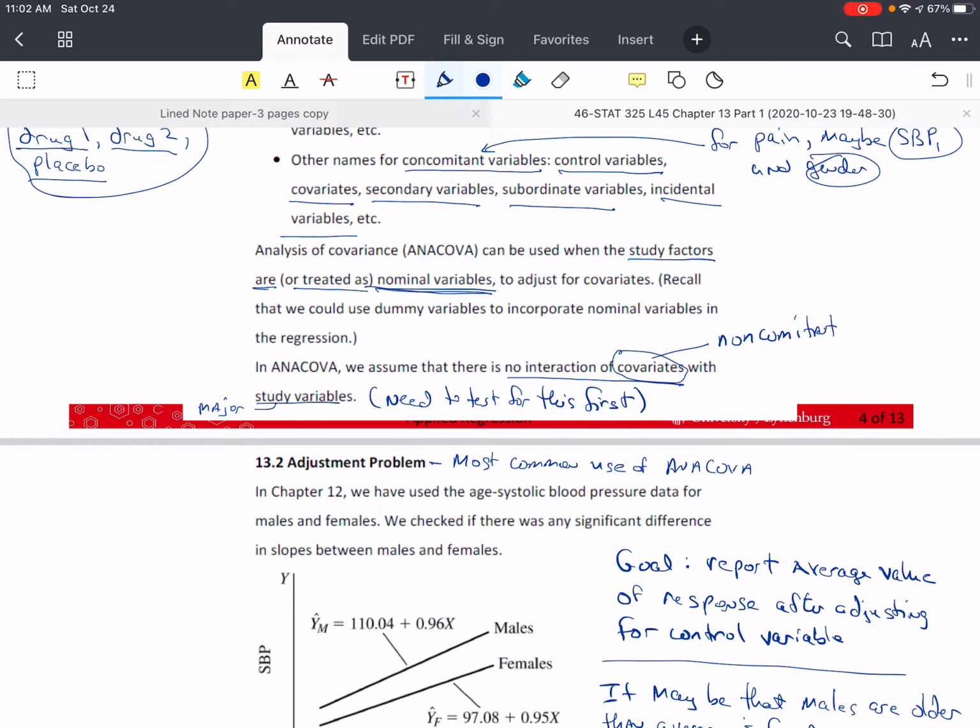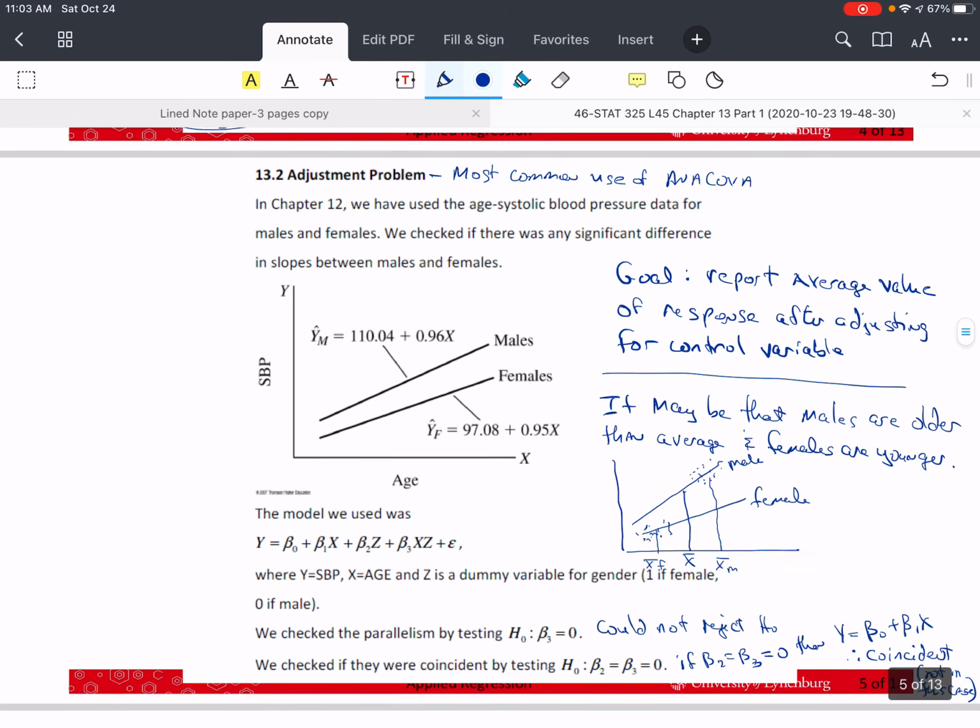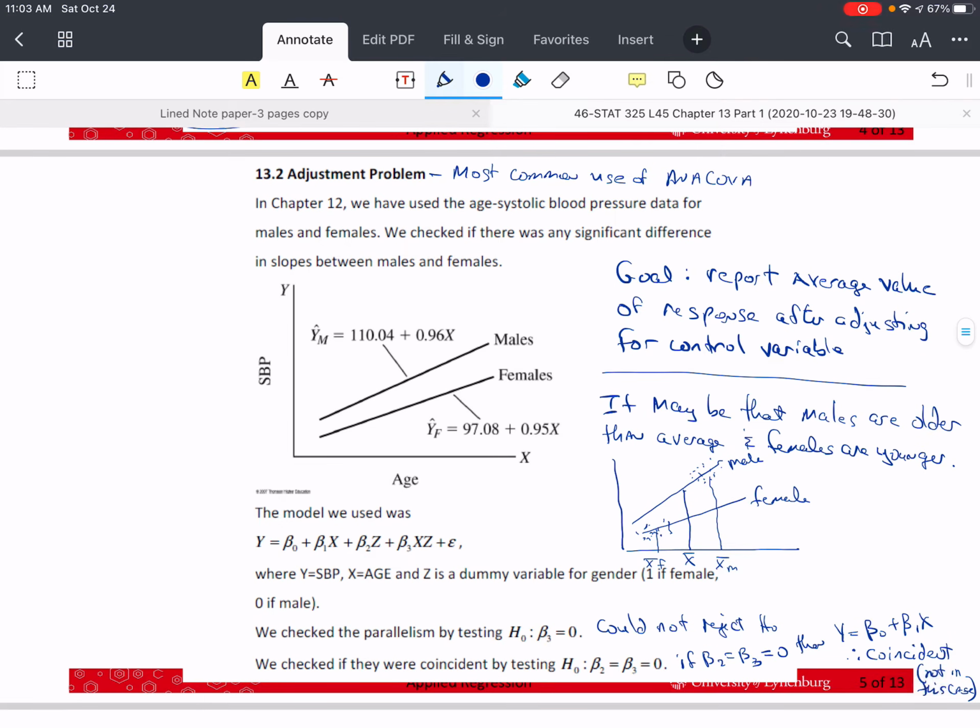So in ANACOVA, we're going to assume that there's no interaction between the covariates, or concomitant variables, and the study or major variables. But we will need to test for this. We will have difficulty analyzing it if the interaction is present, but we can handle it. Before we ignore it, we need to make sure that it is in fact not present.